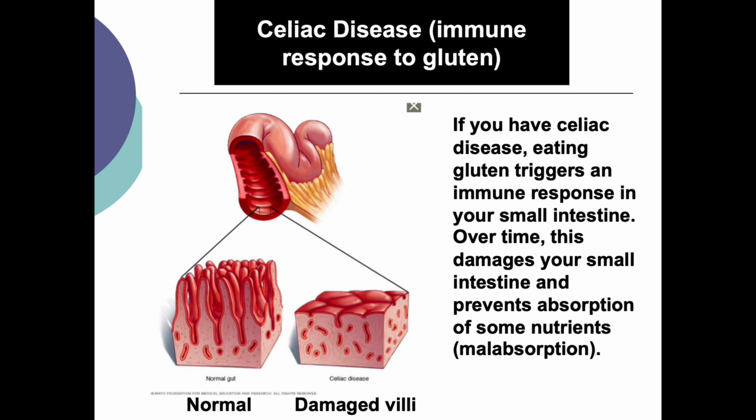There's also sensitivity to gluten, where gluten is a protein found in wheat. But if you have an allergy to gluten and you eat foods that contain gluten, they can destroy the villi and can destroy your ability to absorb nutrients. So celiac disease is quite a serious disease if you suffer from that particular allergy to gluten.